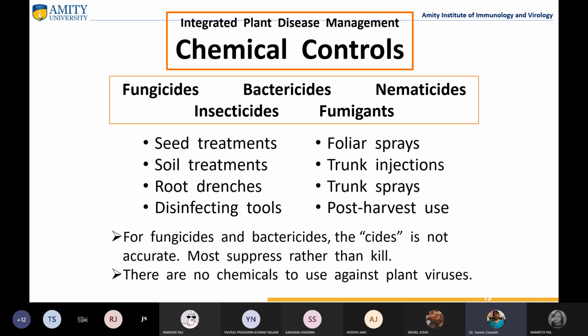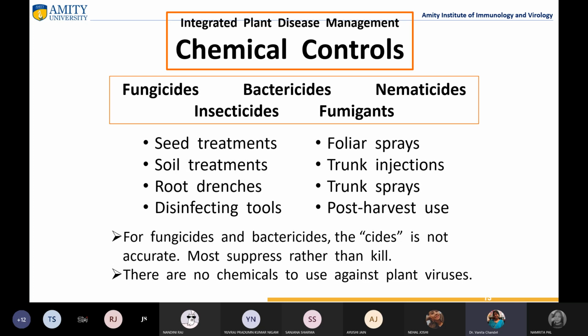There are foliar sprays, for plants grown in the field. Then trunk injections help prevent some trunk diseases or some gall-type bacterial diseases, and there are trunk sprays or post-harvest use. So chemical control can be done in all these forms.